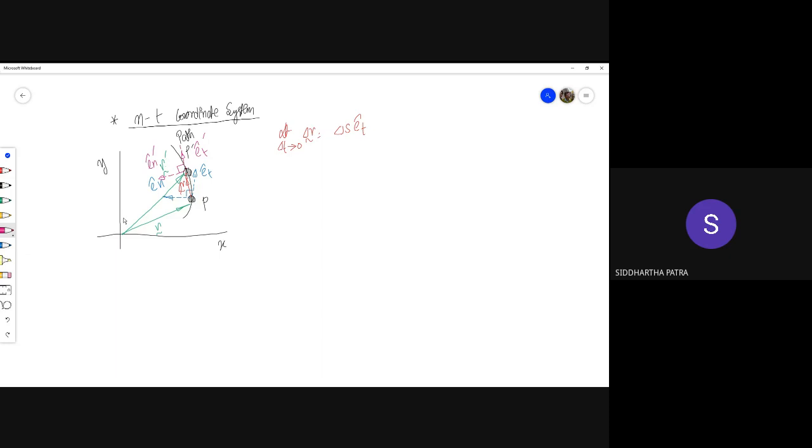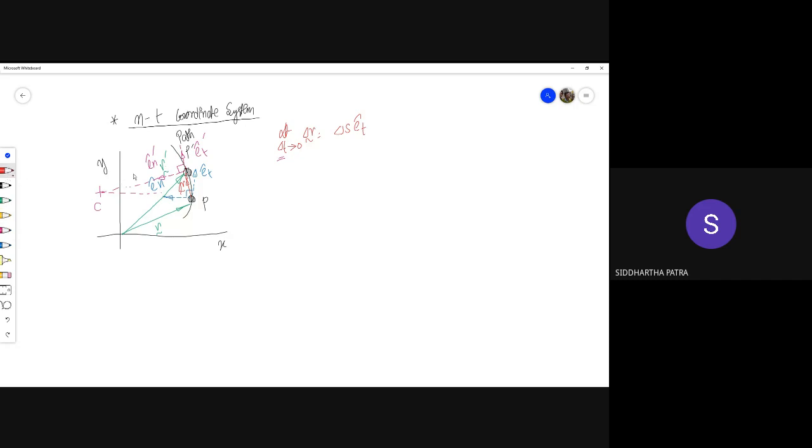And if delta t is really small, I can extend this en prime and en right here, and they would meet somewhere, which can be regarded as the instantaneous center of rotation.